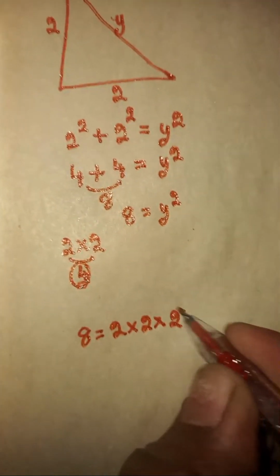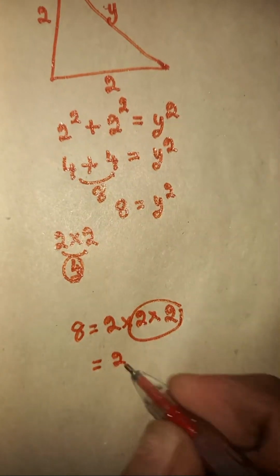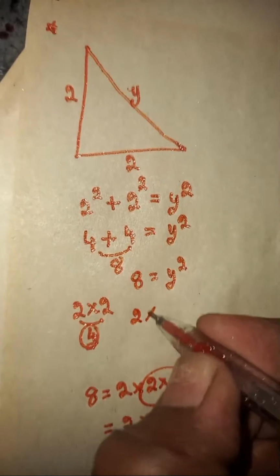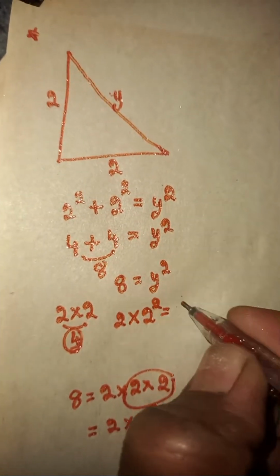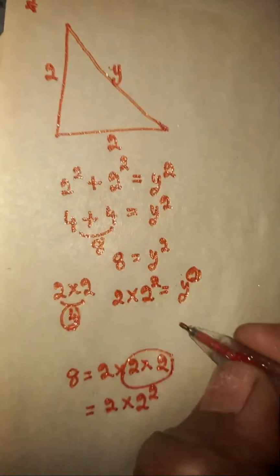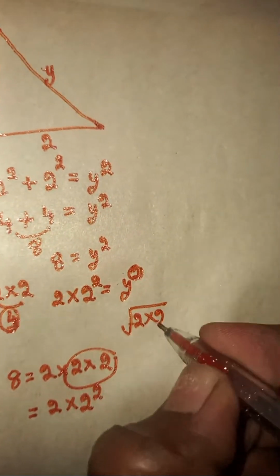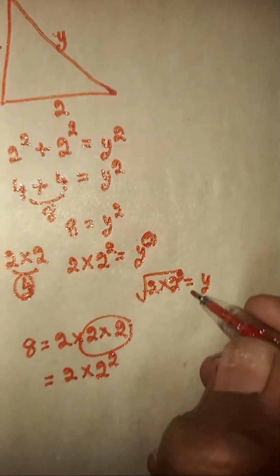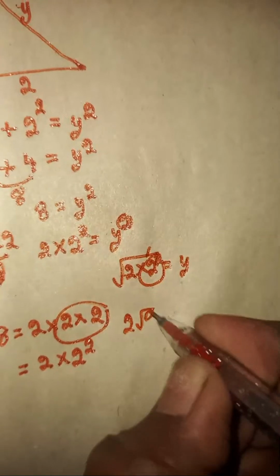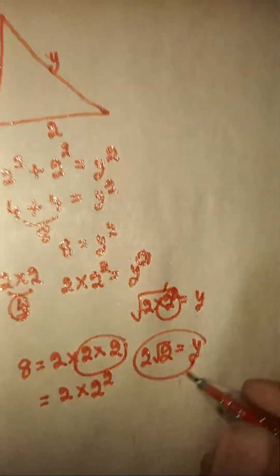You can combine two of them and write it as 2 times 2 square. So 8 can be written as 2 times 2 square, which is equal to y square. This y square comes here, it becomes root of 2 times 2 square equals y. This 2 square and square root cancel out, 2 comes out, 2 root 2 equals y.